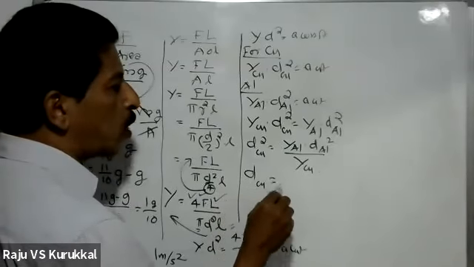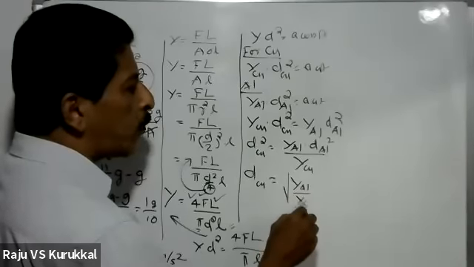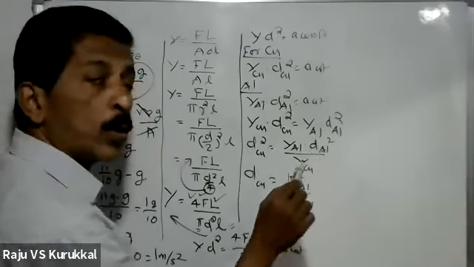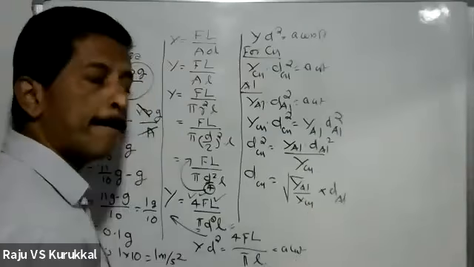Diameter of copper is equal to square root of Y of aluminium divided by Y of copper, into d of aluminium.